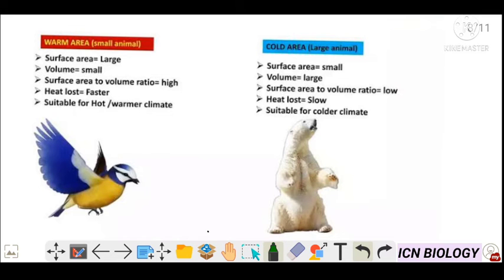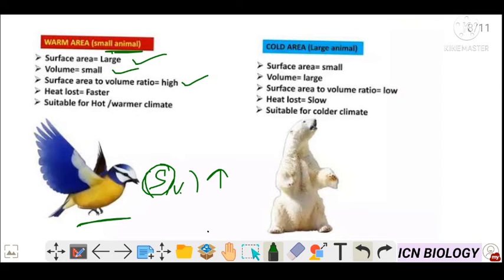I'm repeating again. Okay, the warmer area has smaller organisms, right? Due to smaller body size, their surface by volume ratio is high. If surface by volume ratio is high, then their surface area is larger and volume smaller.